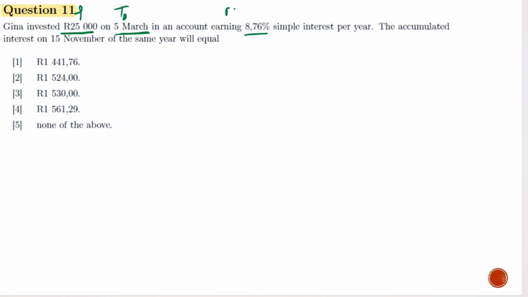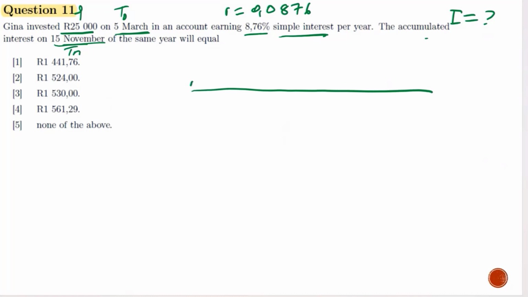So now your R is equal to 0.0876. You notice a simple interest rate is per year.